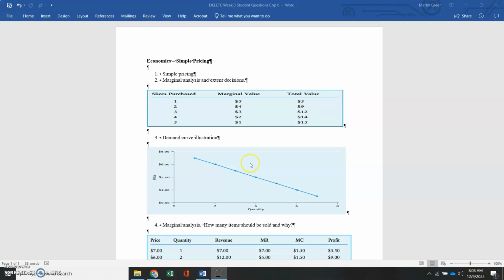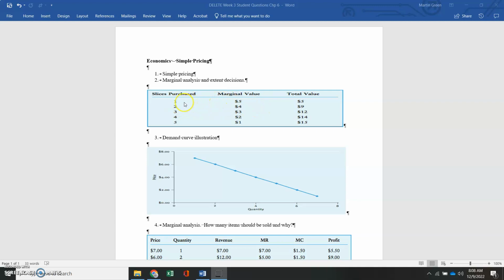But the second element here is the basis for marginal analysis, and it's the realization that as people get more of a product, for instance, in this situation, pizza, they'll only be willing to pay less. And so their utility for more of the item diminishes the more they have.